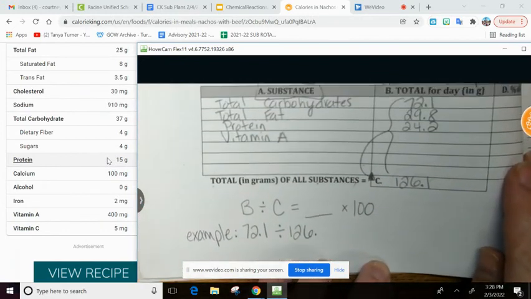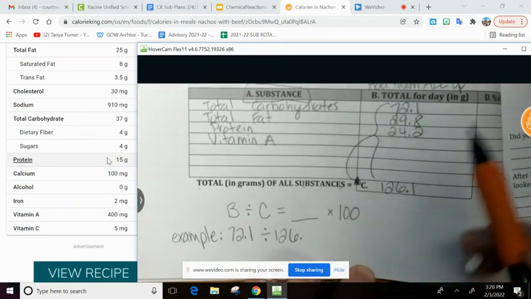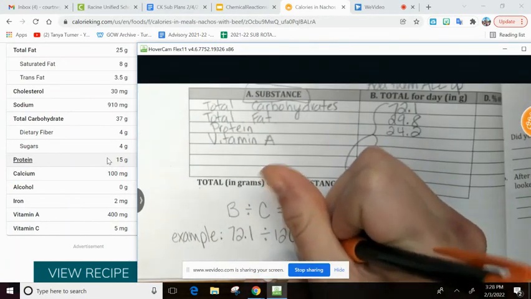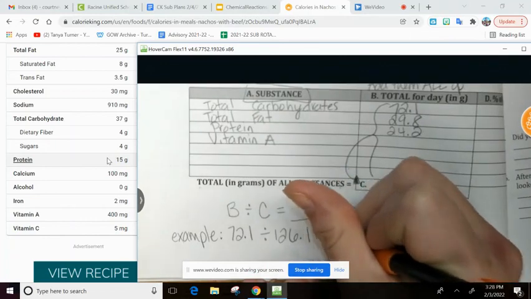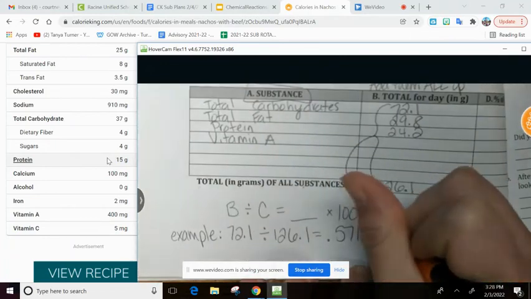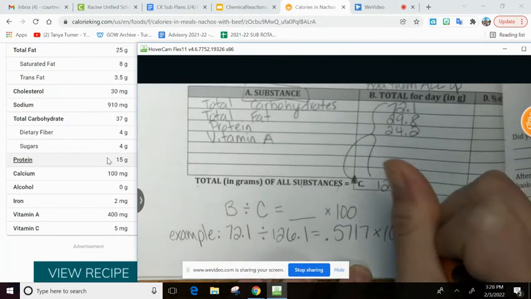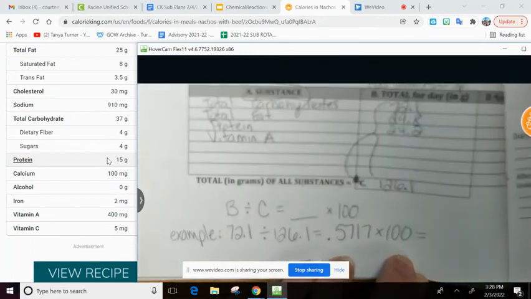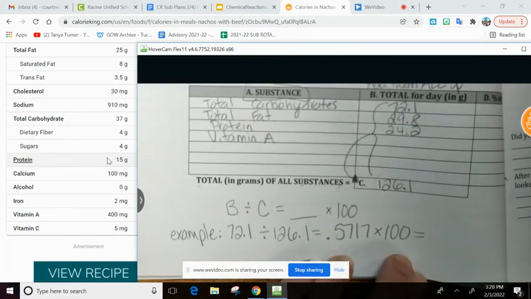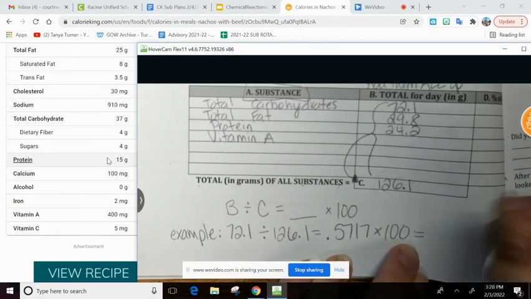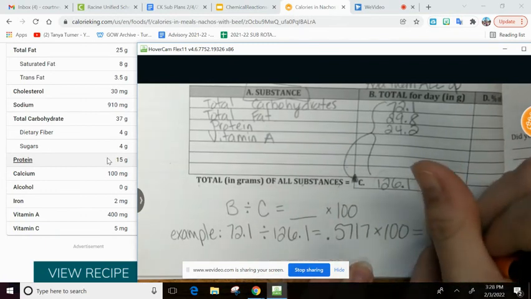So I put it in the calculator, it equals 0.5717. And then remember, once you push equals, you're going to multiply it by 100, or you can move the decimal spot over 2 spaces for the 2 zeros, whichever way is easier for you. And it gives us 57.2.